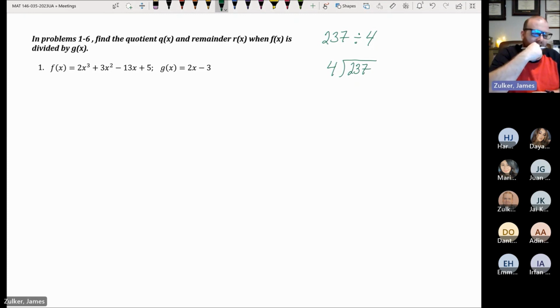And then we go, okay, how many times does 4 go into 23? And then how many times does 4 go into 37? And so it's 59 with a remainder of 1.